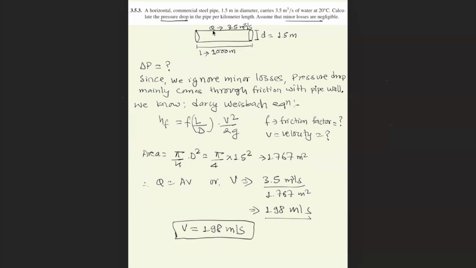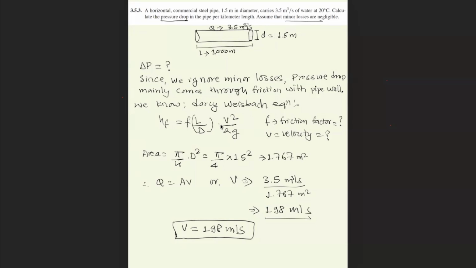I also rewrite Q as 3.5 meter cubed per second, and the diameter of the pipe as 1.5 meters. So what we need to find is just the friction factor and velocity.